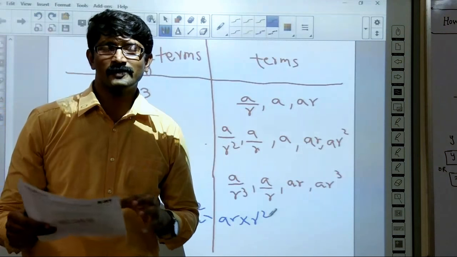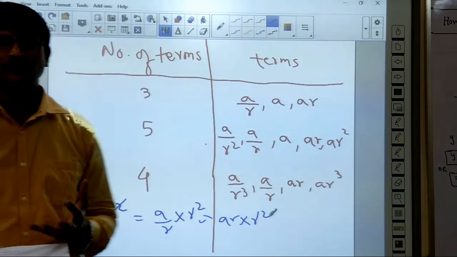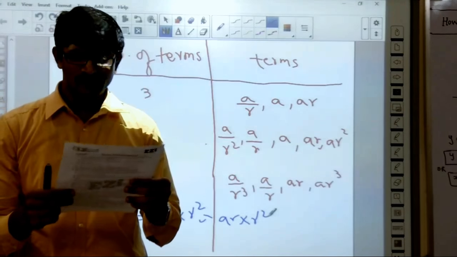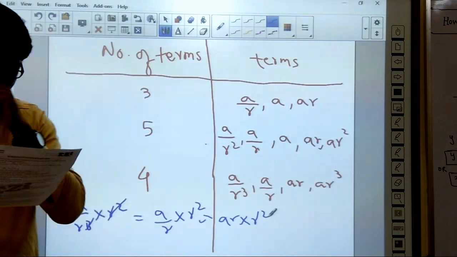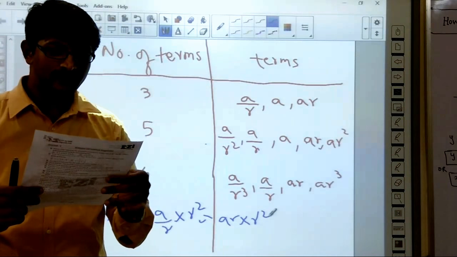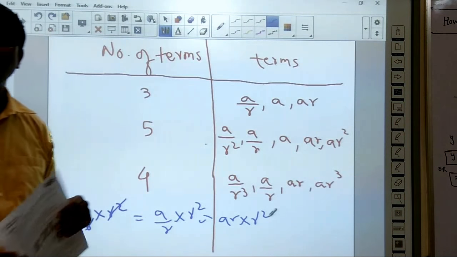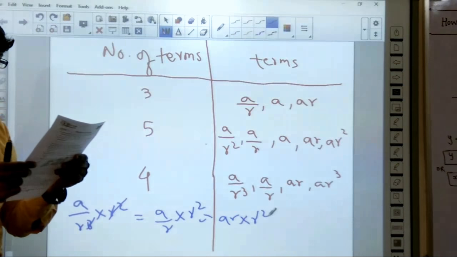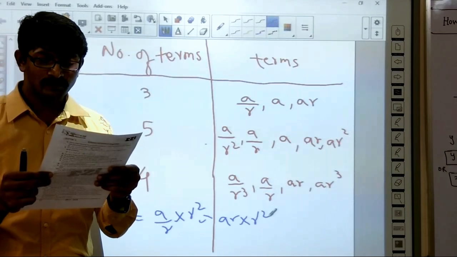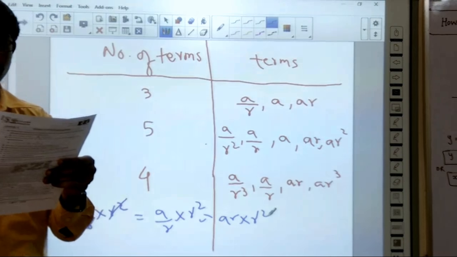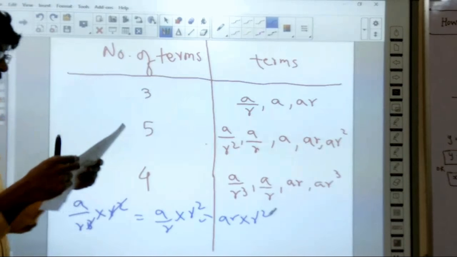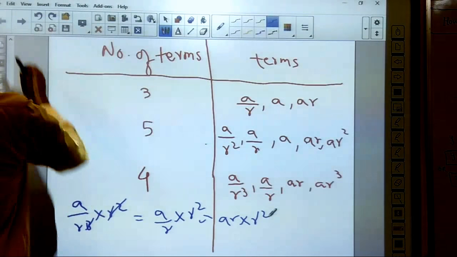So student understand these are some few concepts of geometric progressions, and when I am doing geometric progression, I should do it right from the basics onwards. I'll give one example based on this. Sum number 27: Find the three numbers in GP whose product is 216 and sum of their product in pairs is 156.